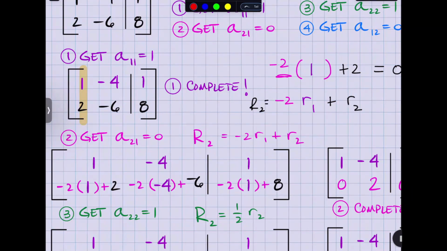So you have row 1, so 1 is, right? Row 1 is equal to... keep on going. How do you make that -4 go to 0 with that 1?